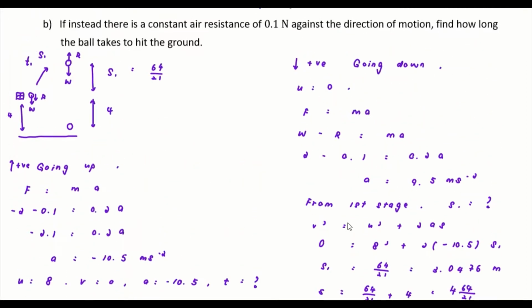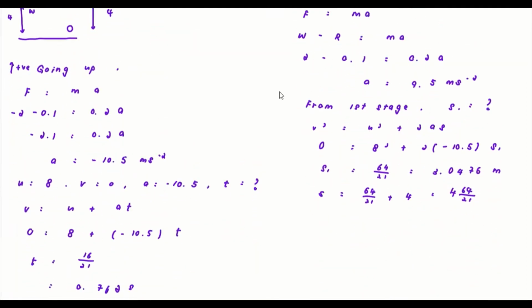It's a bit messy here, so let me write down the three variables first: u equals 0, a equals 9.5. Let me calculate S: 4 plus 64 over 21. So S is equal to 148 over 21.